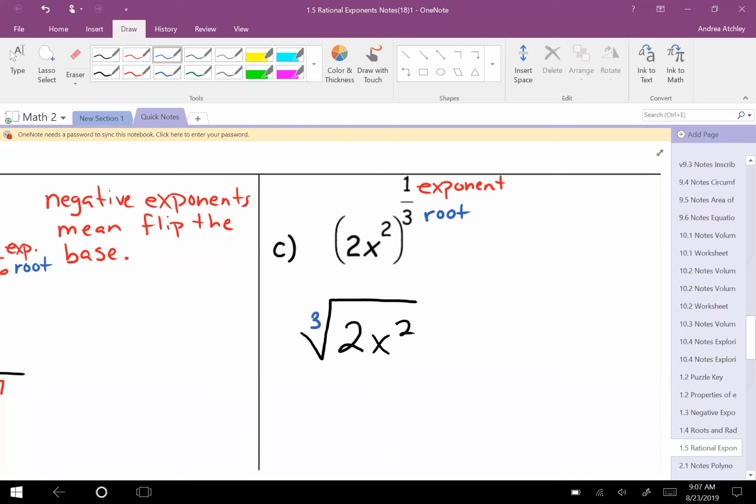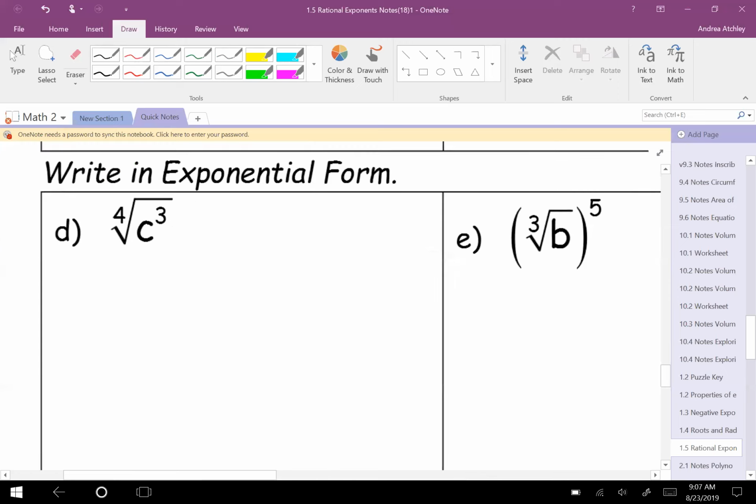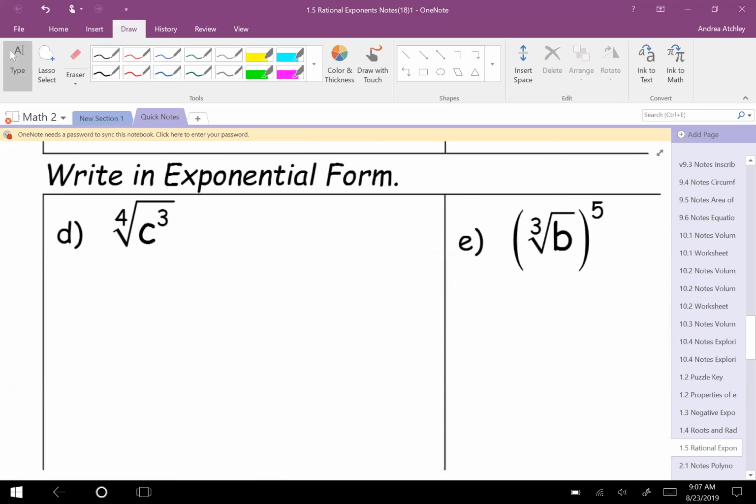Okay, next one. Now I'm giving it to you in radical form. I want you to write it in exponential form. So we're going to have C. We're going to have a fractional exponent. Eric, where's Eric at?